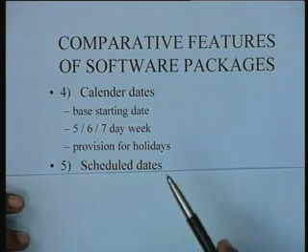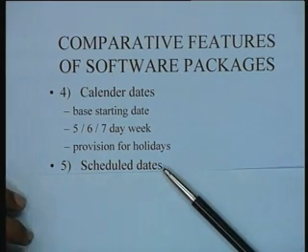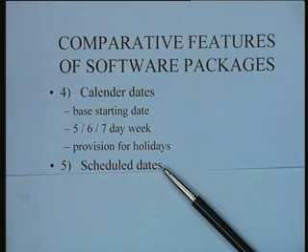Then there is another feature which is slightly interesting. I will try to explain this way. Does your package have a facility to accommodate scheduled dates? What this means is, you know that the total project duration is determined by the length of the critical path, but before you do the analysis you don't know what the duration is.